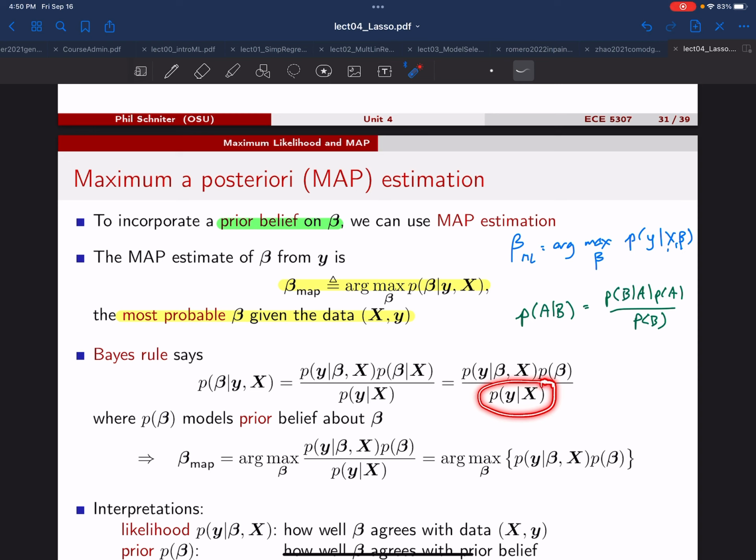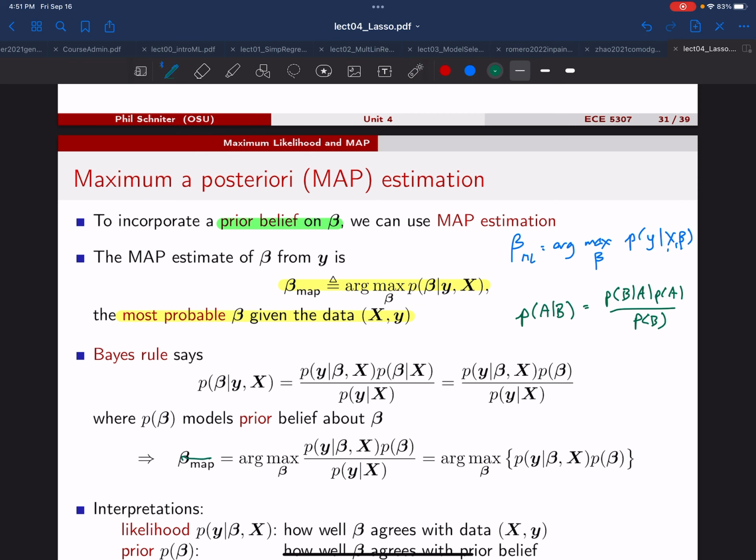The beta that I'm looking for is the thing that maximizes the numerator, and the denominator just happens to scale everything. So at the end of the day, maximizing this boils down to this.